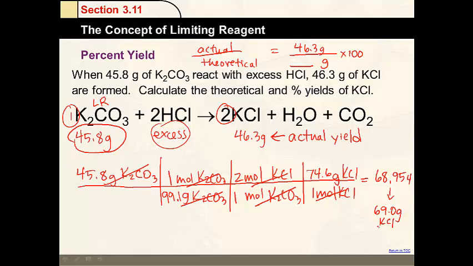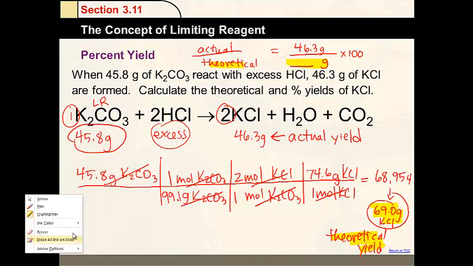Well, that is the theoretical yield. That's how much I'm supposed to get of that compound according to what I started with. And I'm going to plug that one in. If you remember, I had written this out ahead of time. I'm going to plug this number in, the theoretical yield, right up here in the denominator. And then I'll calculate it.